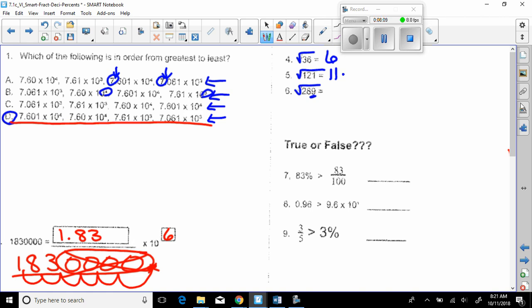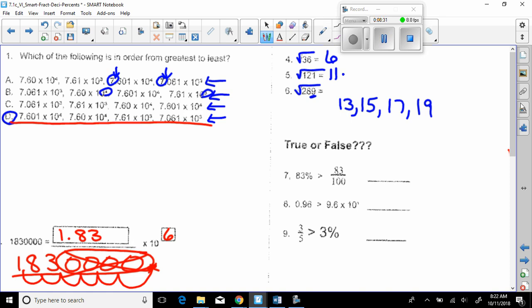So we know that it could possibly be 13, 15, 17, or 19. So we just narrowed it down to 4 of them.